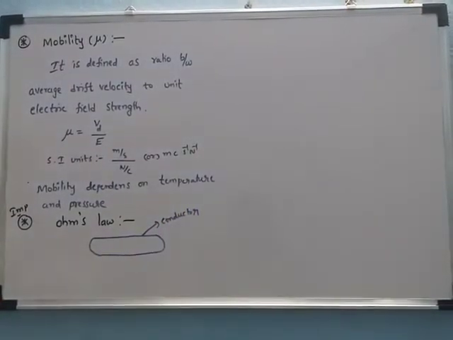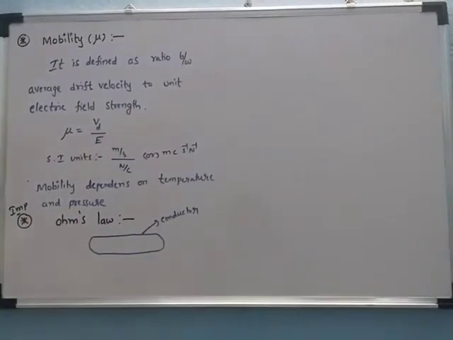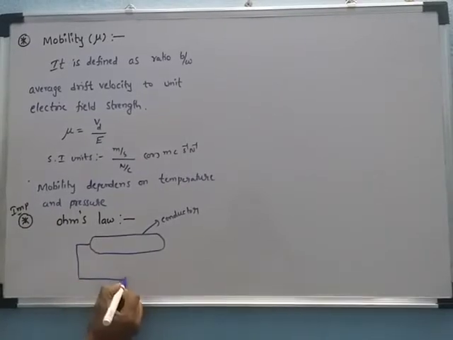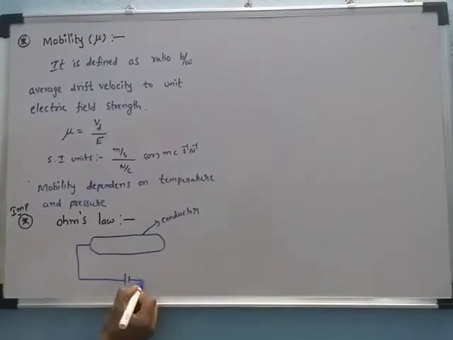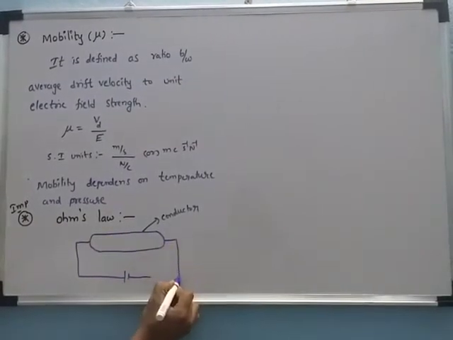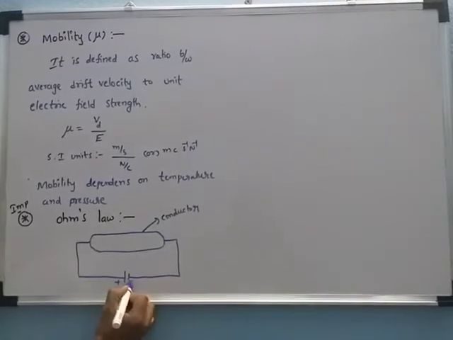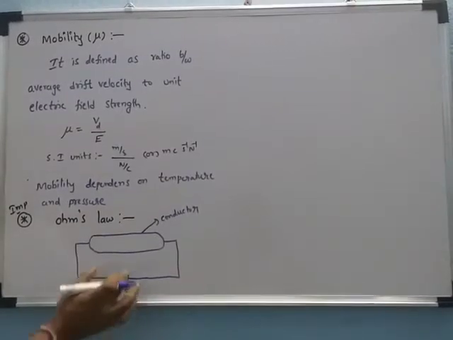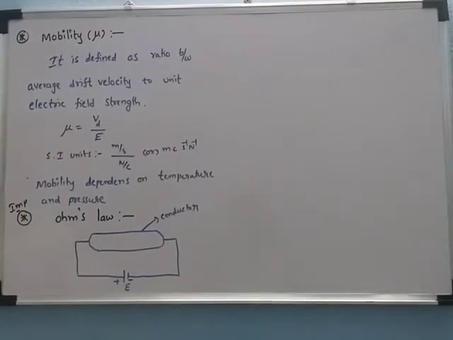Now to the two ends of this conductor we apply an external field, that is, a battery is attached with a positive and a negative terminal. This is the EMF E. The battery is applied to this conductor.